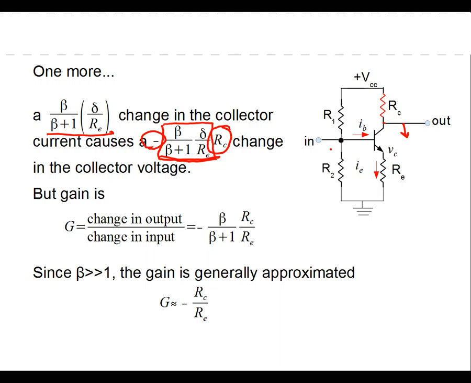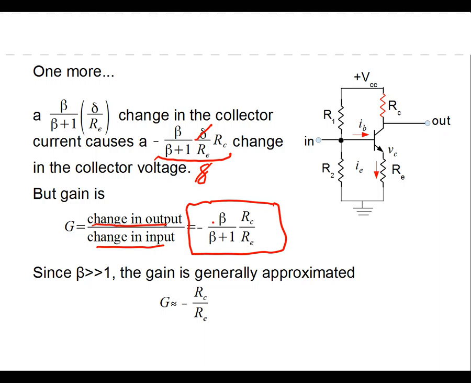So what happens here is I look at this and I say, okay, that's a change in the potential right here. So this is the change in the potential at the collector, or the output. In order to get the gain, which is the change in the output over the change in the input, I just divide this by delta. The deltas cancel out, and this is the gain.